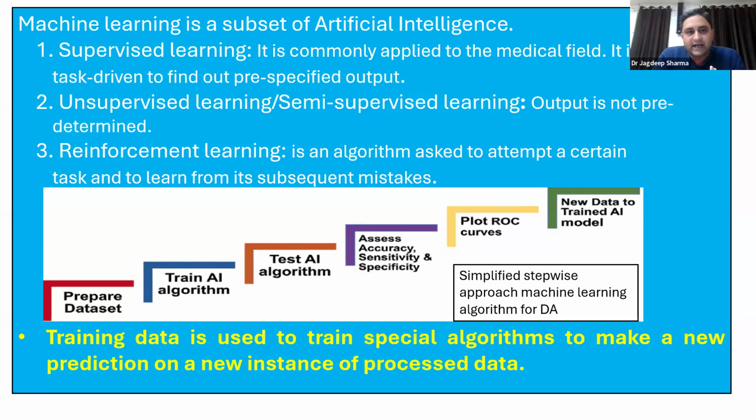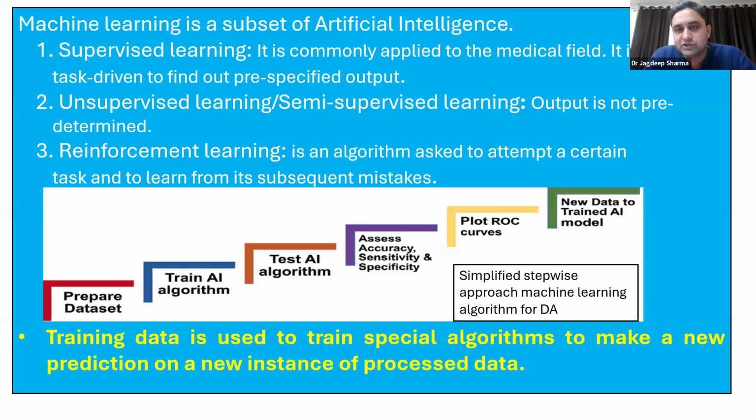Usually the ratio is around 80% training data and 20% test data. Then the algorithm is tested for accuracy, sensitivity and specificity, and receiver operating curves, area under the curve.